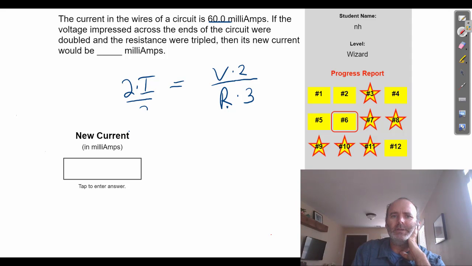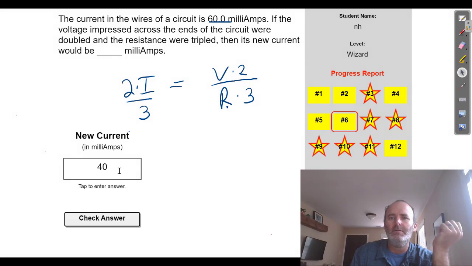Here we can think of it like this: let's double the current first. Doubling I would give me 120. And then let's divide it by 3, which gives me 40. So this is 40.